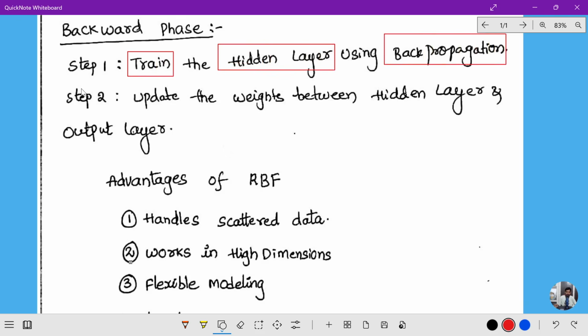Then update the weights between the hidden layer and output layer, and finally we get the result. So when there is a forward phase, you send the information through the input to the hidden layer and finally we get some output. If we are not satisfied with our output, we need to update the weights, and that is called the backward phase.